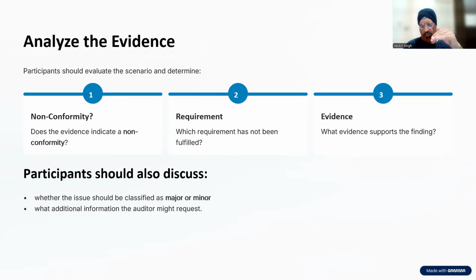Can you tell us the depth of this non-conformity? Can you tell us the seriousness and the impact? Why should we take it seriously? All those questions might come to you from different stakeholders. So you as a participant of this exercise have to identify what additional information the auditor might request.